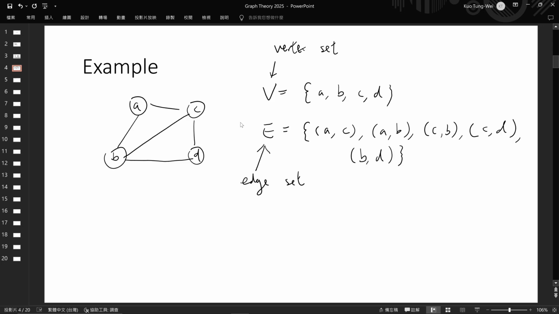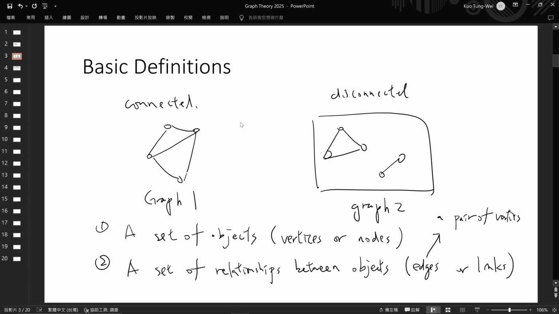Right? We all have the intuition, okay? So this one is not connected, this one is connected. But how do we give the proper definition so that according to your definition, this one is connected and this one is not? All nodes are connected by edges. So what do you mean by all nodes are connected by edges? There's no disconnect between any two. Every node has an edge to another node.